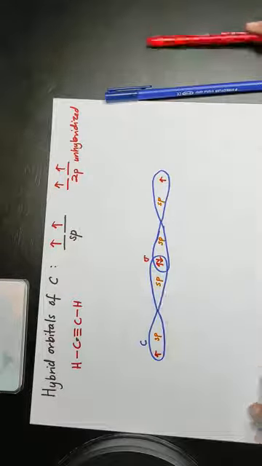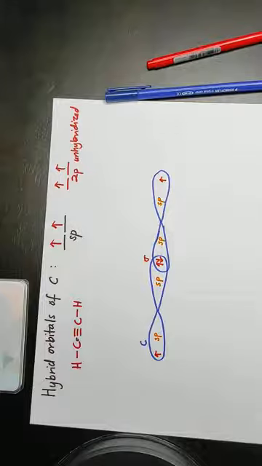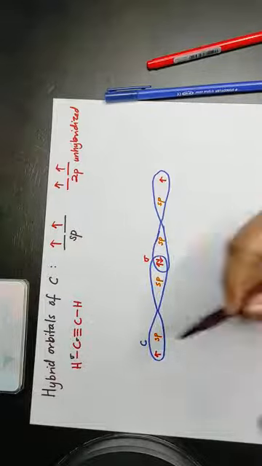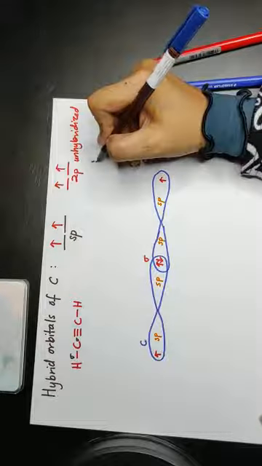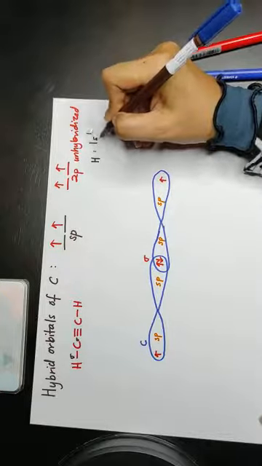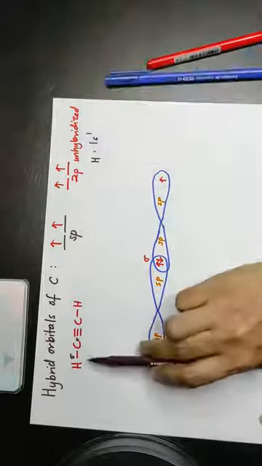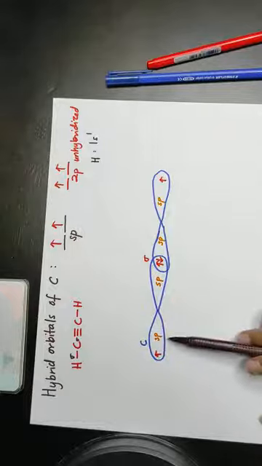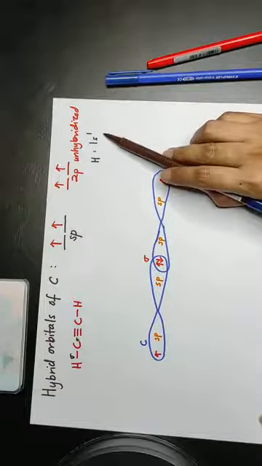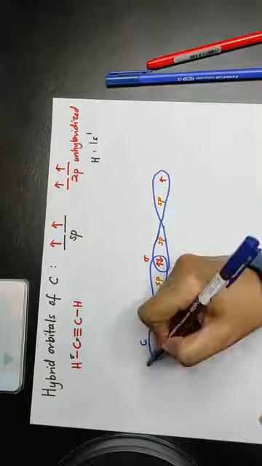Okay, so now I'm going to show you the formation of the sigma bond between carbon and hydrogen. Alright, so the valence electron of hydrogen occupies the 1s orbital. So the sigma bond is formed when the sp hybrid orbital of carbon overlaps with the 1s orbital of hydrogen.